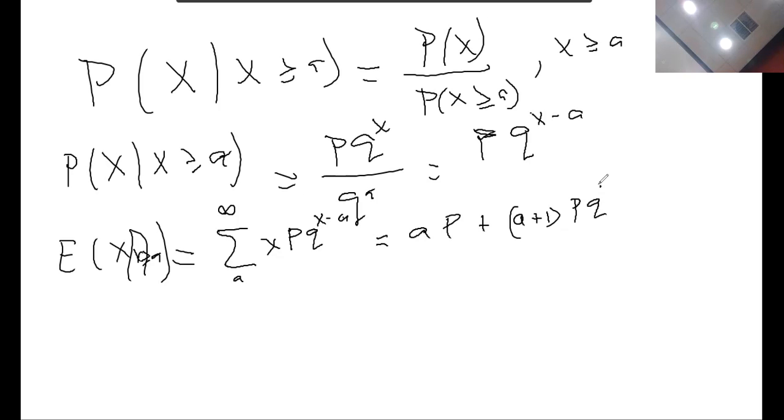You understand what I'm saying here? x is a plus 1, q to the a plus 1 minus a. Plus what? a plus 2 times P times q squared. We can complete this one, right?